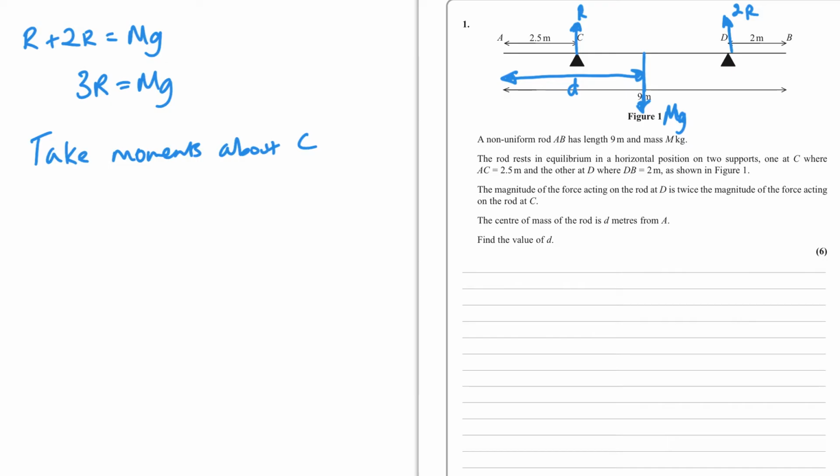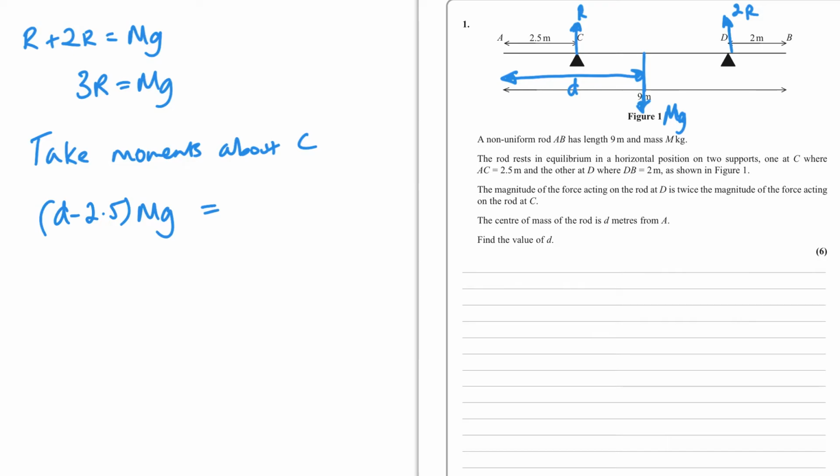Now if I'm looking at this about C and want this distance, which is d minus 2.5, so we get d minus 2.5 multiplied by mg. That's going in one direction.